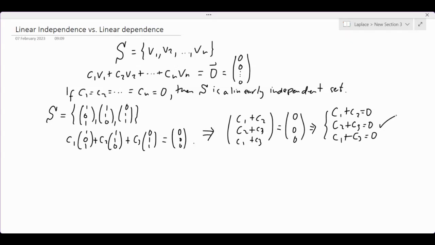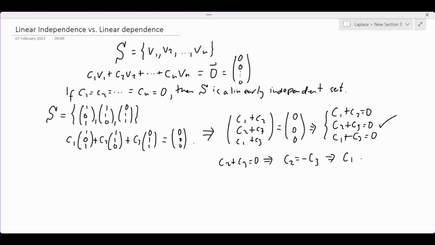If we use the second equation, C2 plus C3 being equal to 0, then we get the following equation, which is C2 is equal to minus C3. And what we will do now is to put in C2 equals minus C3 into the first equation.